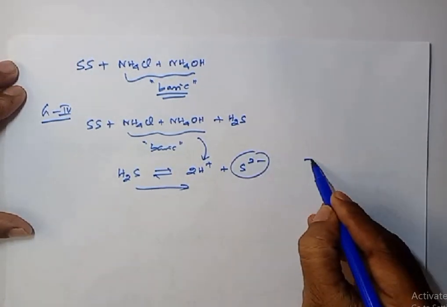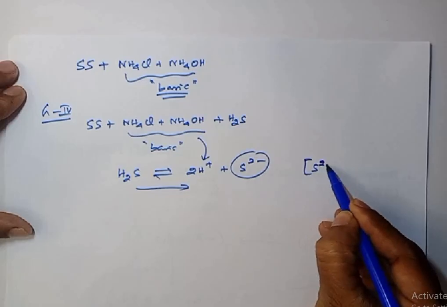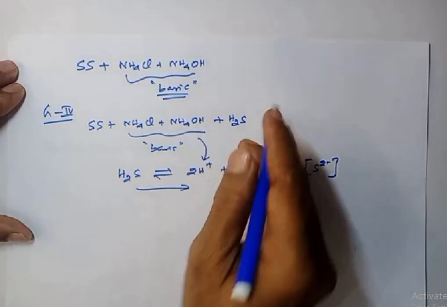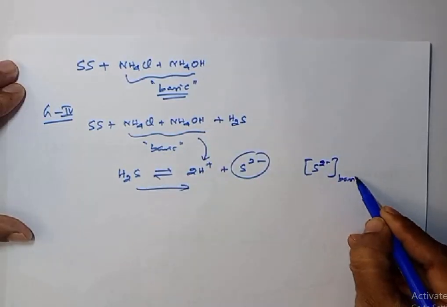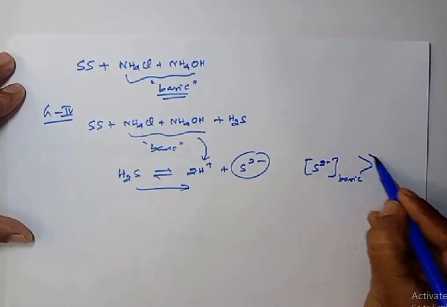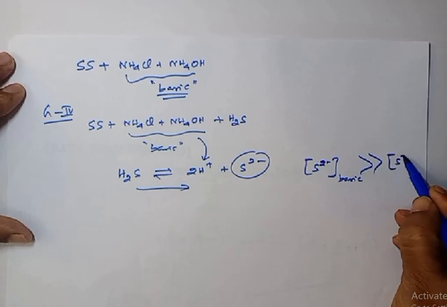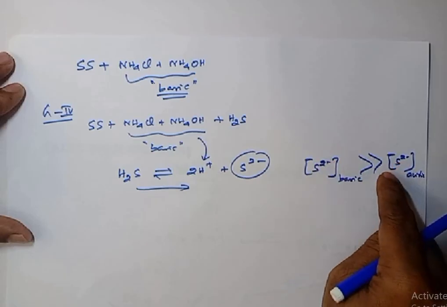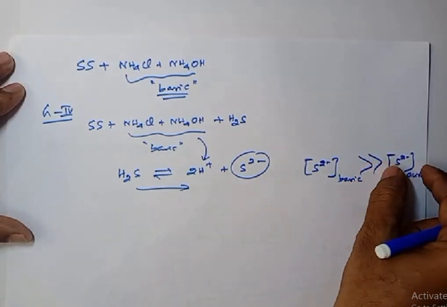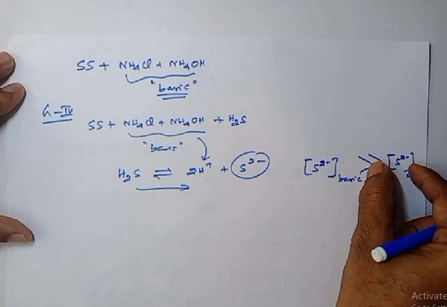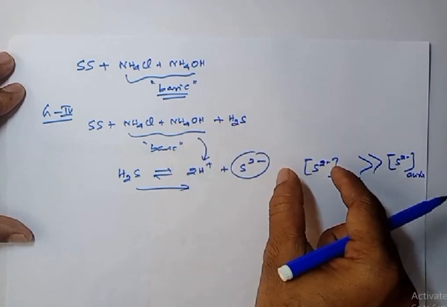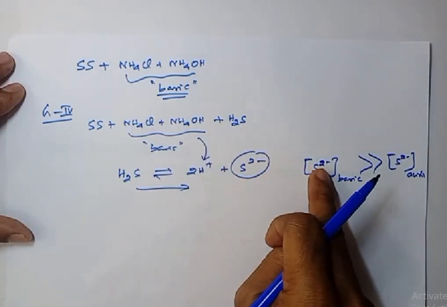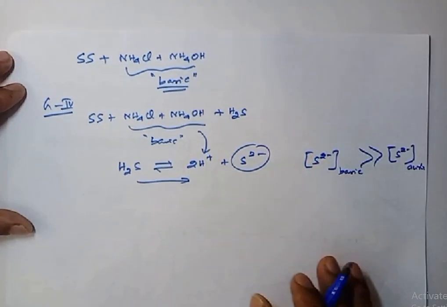Therefore, the sulfide ion concentration in this stage, in basic medium, is extremely high compared to the sulfide ion concentration in acidic medium. In group 2, we pass H2S in acid medium, so the sulfide ion concentration in group 2 is very, very low. Whereas in group 4 analysis, we are passing H2S gas in basic medium, and the concentration of sulfide ion in basic medium is so high.